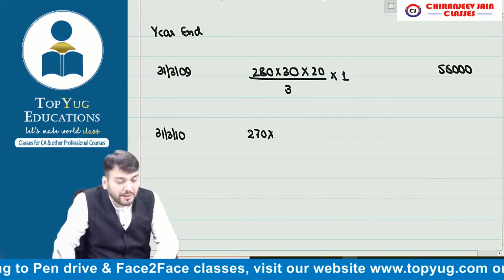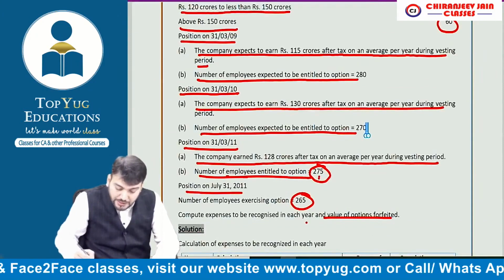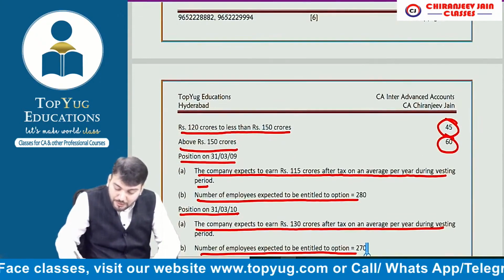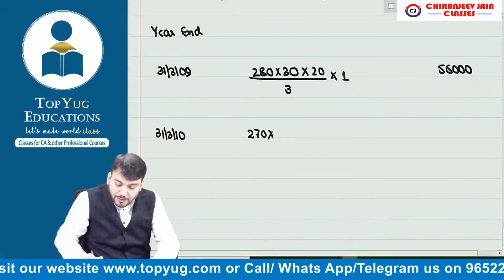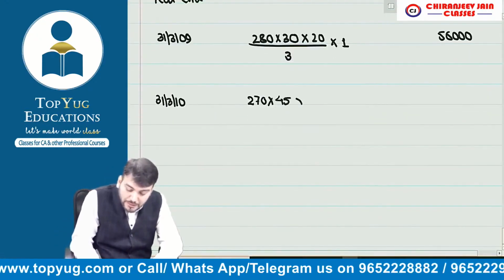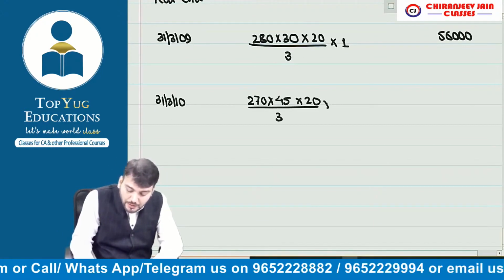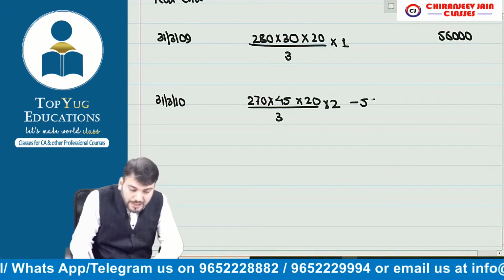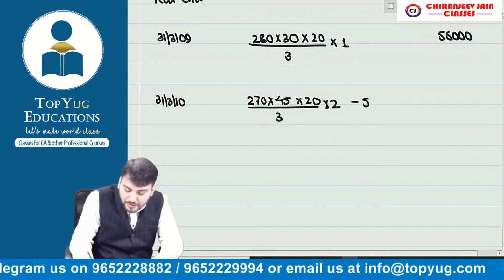That is based on the earning. Earning they are expecting 130 crore, so that will be in this slab. So it will be now 45 options per employee. Correct. Into fair value of option, divide by 3 into 2, minus 56,000.